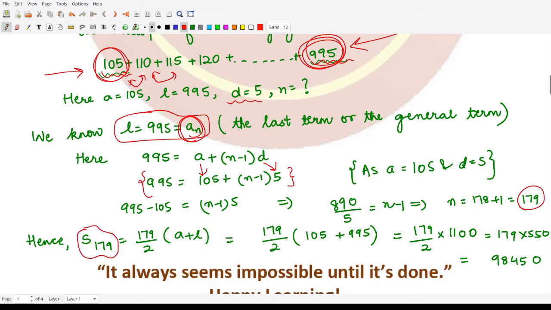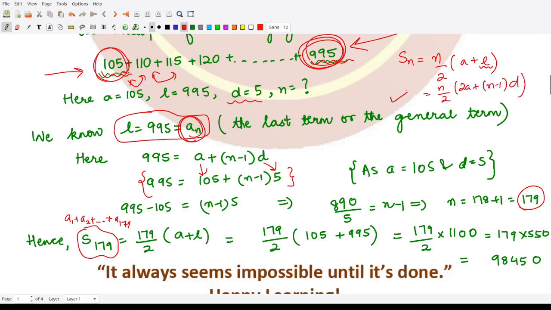So this S179 represents A1 plus A2 up to A179, correct? In this case also we are using the same formula, n by 2 times a plus l, because we have the last term with us. Otherwise the formula would be n by 2 times 2a plus n minus 1 times d.